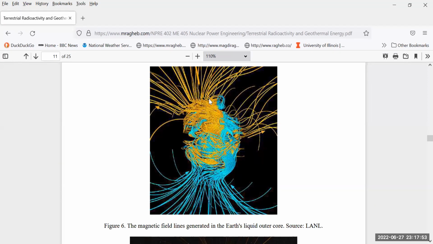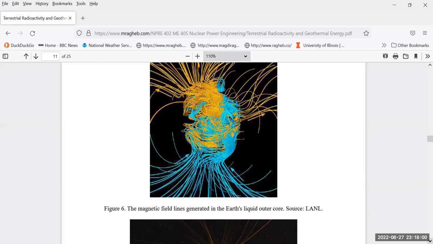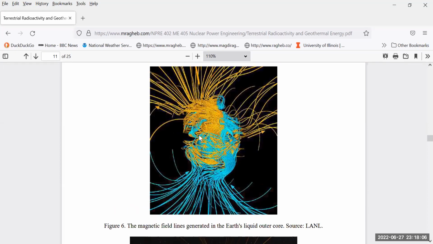And of course, the North Pole would be at the north here, the South Pole would be at the south. In fact, a bit of trivia here: when you use a compass and you say, oh, the needle is pointing to the north, well, it's opposite poles that attract each other.